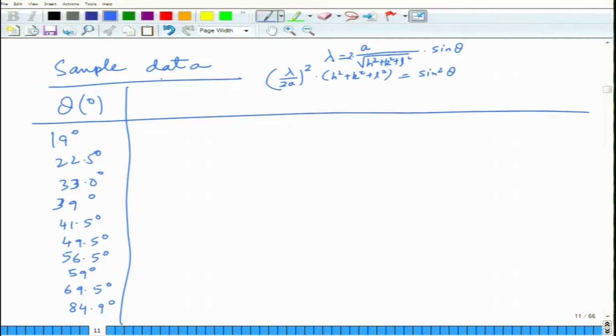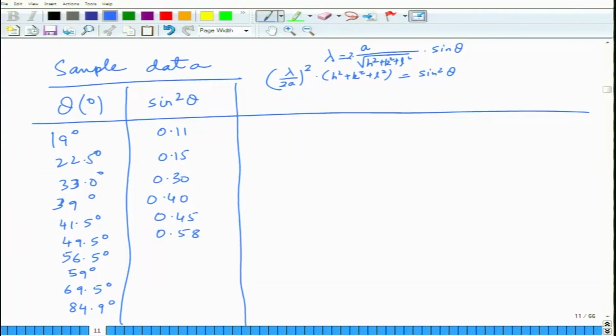So, let us do the sin square theta calculation. Sin square theta will work out to be 0.11, 0.15, 0.30, 0.40, 0.45, 0.58, 0.70, 0.73, 0.88 and 0.99.